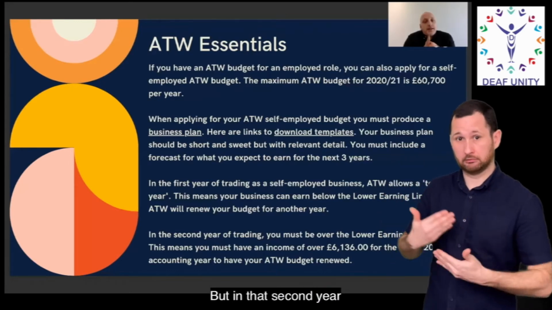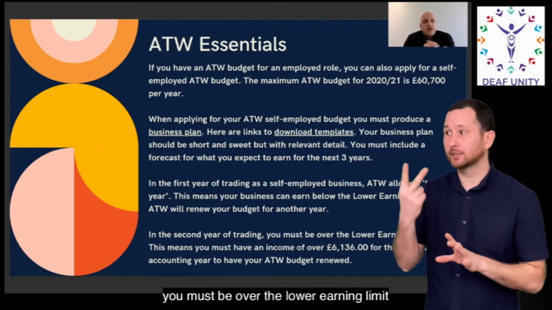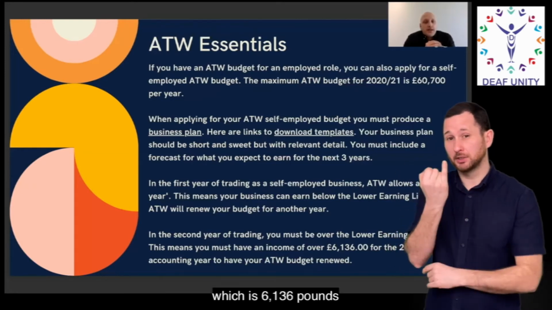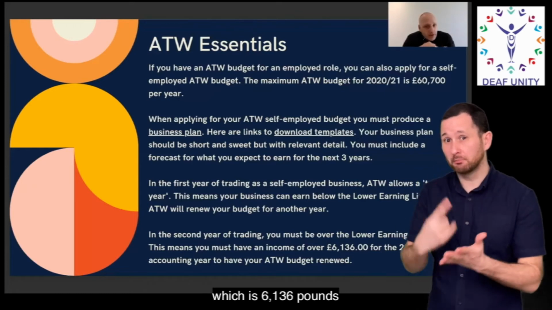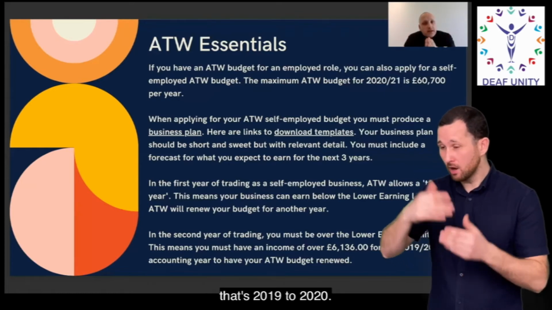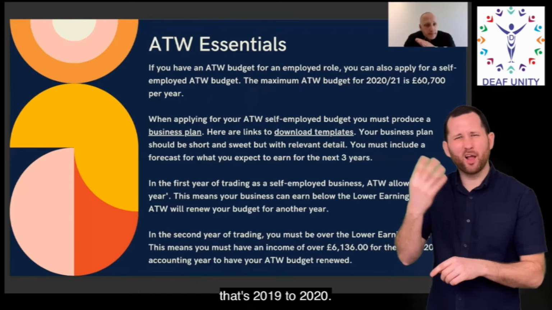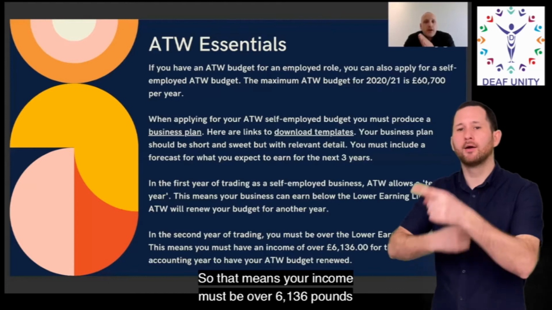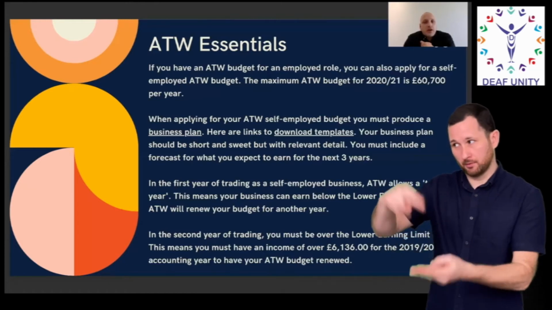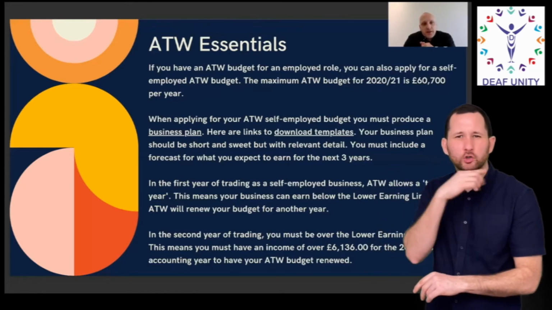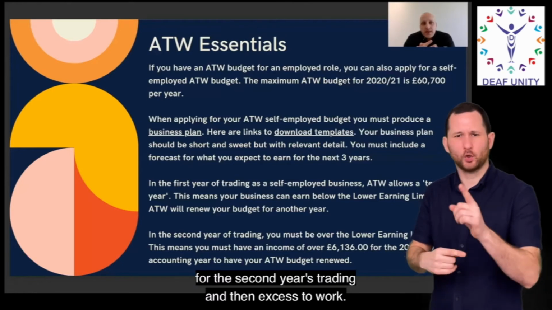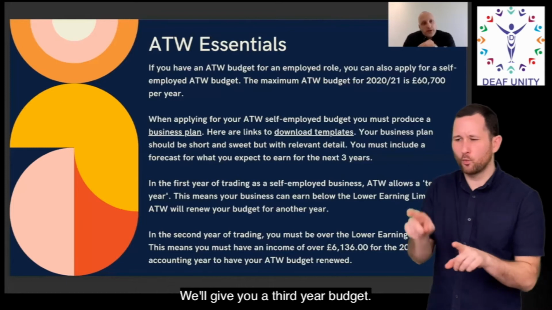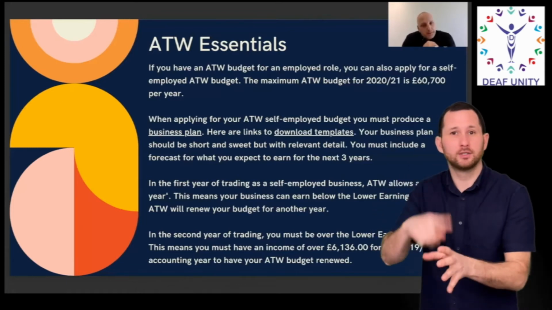But in that second year, you must be over the lower earning limit, which is £6,136 for a whole tax year. That's 2019 to 2020. So your income must be over £6,136 for the second year's trading, and then Access to Work will give you a third year budget.